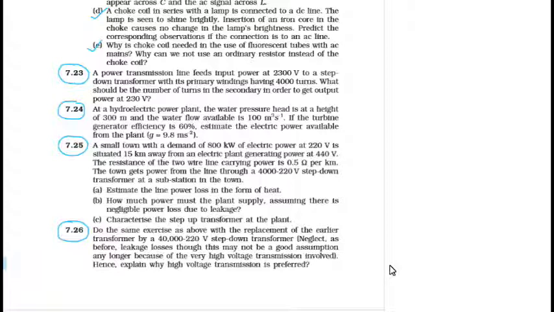Hence, explain why high voltage transmission is preferred. Let us see the solution. So, question number 7.26.